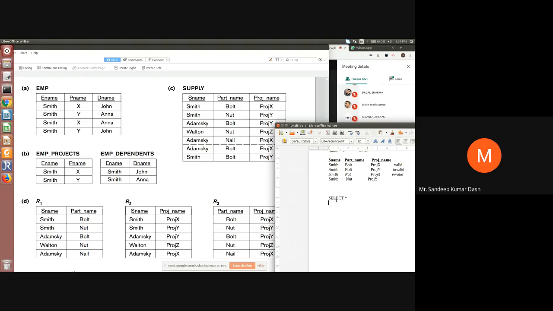Select star from R1, R2 where S name equals S name.